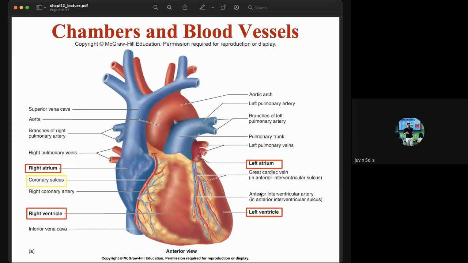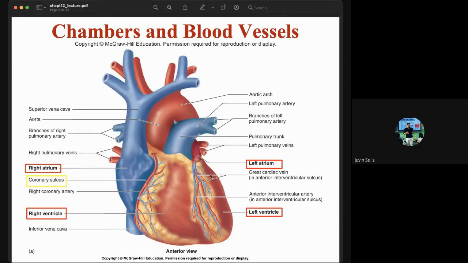Chambers and blood vessels. So we have here your 4 chambers. You have your left atrium here, your left ventricle, right ventricle, and also your right atrium. And we have here your coronary sulcus, the one in yellow, which separates your atria from your ventricles.